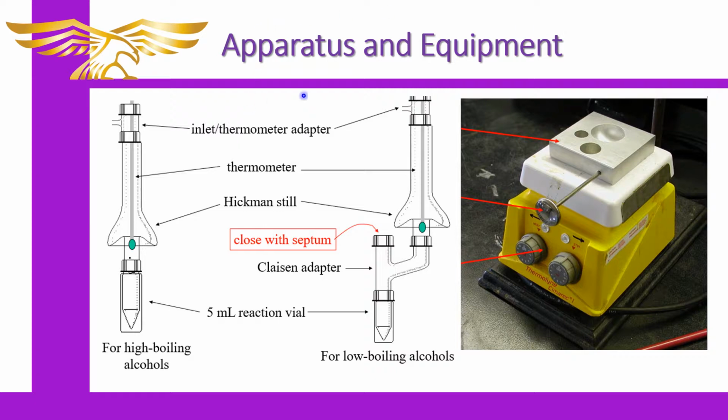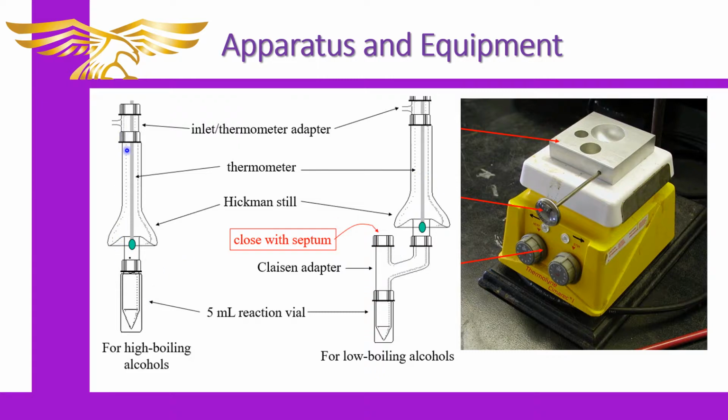The apparatus we'll use Monday is fairly simple. It involves a heating plate and an aluminum heating block. We use the aluminum heating block when we use the microscale kit. The microscale kit has the Hickman still head, which is what we will use for this experiment.